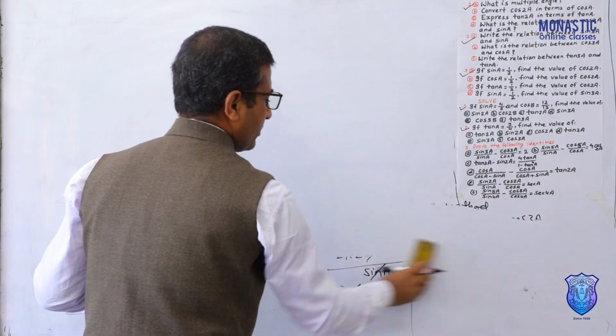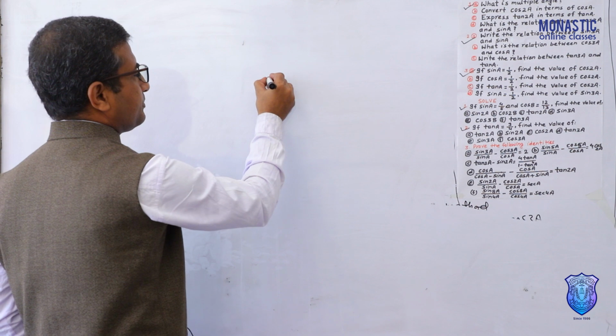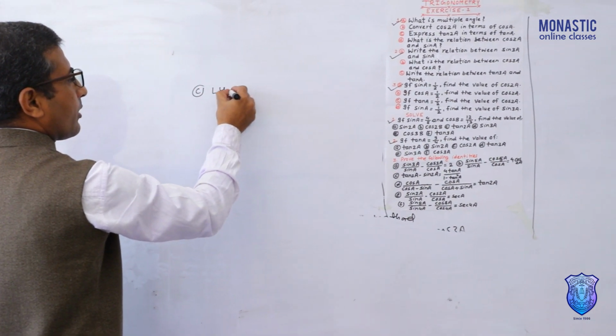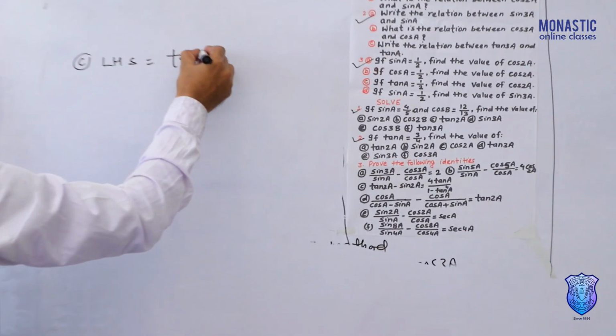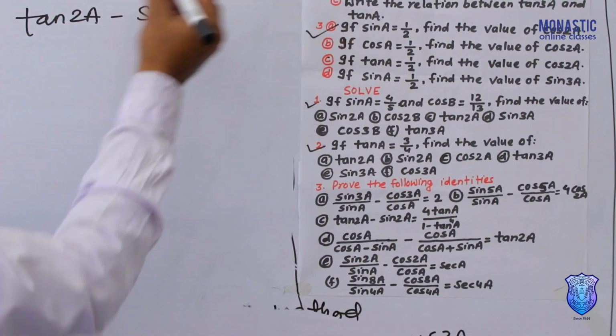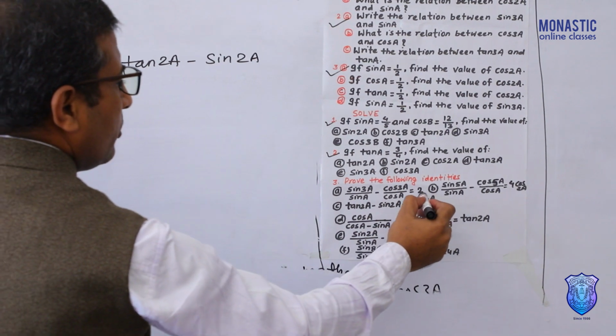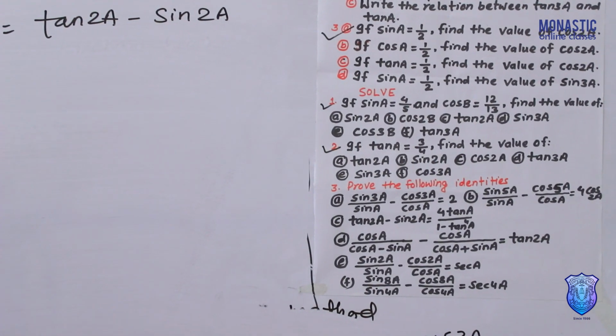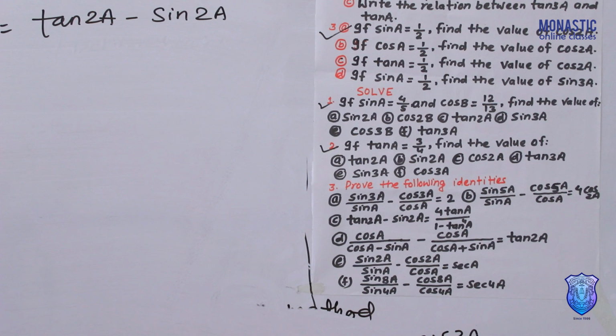Now come to question number C. Here is tan 2A minus sin 2A. When we look at the RHS, we want the result in tan.